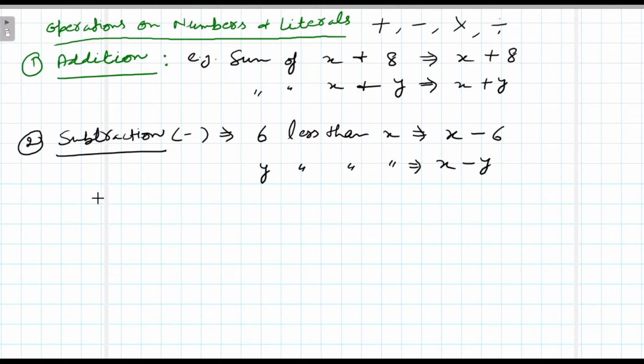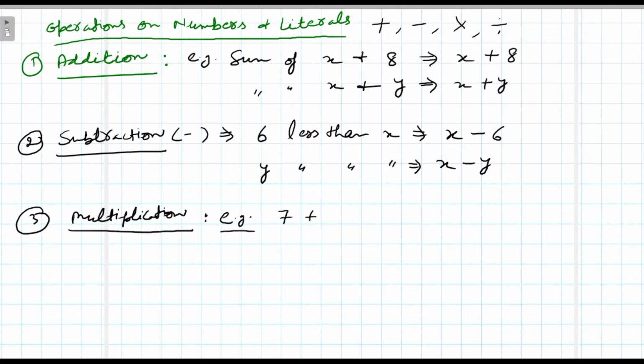So this is subtraction. Number 3, we move on to multiplication. So students, for multiplication, for example, I write 7 times x. That means it requires product or multiplication, 7 into x, so it will become 7x.